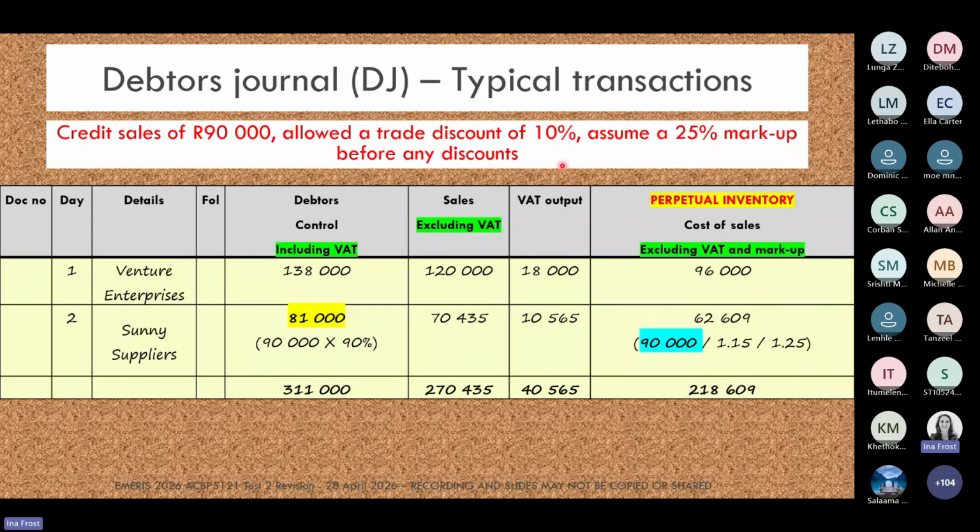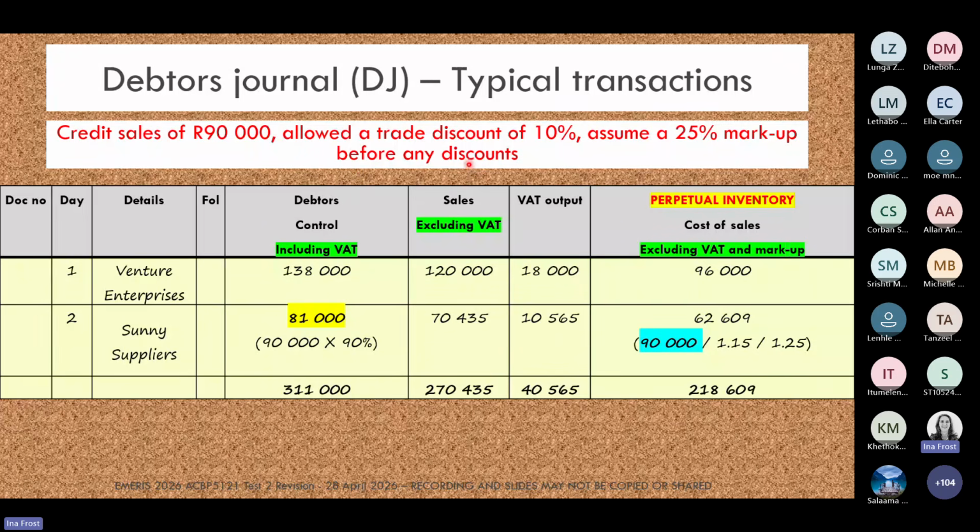But when it comes time to calculate the cost of sale, I revert back to the original credit sale price. Can you see? So to work out the cost of sale, I go back to the 90,000 because we're using a 25% markup before any discounts.